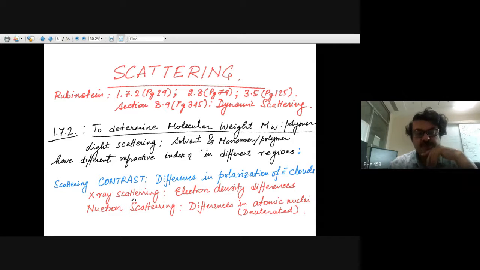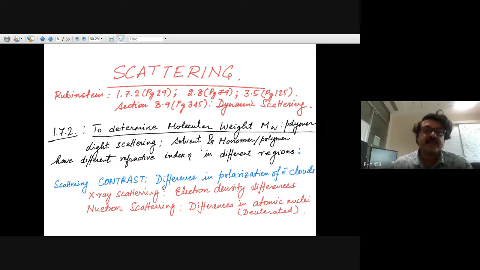So people do use X-ray scattering as well, where the scattering contrast comes from electron density differences in the solvent molecules and the solute molecules. One also uses neutron scattering at even smaller length scales, where the scattering contrast comes from differences in the atomic nuclei. One also has to deuterate to find a scattering contrast, but that's a different topic of discussion.